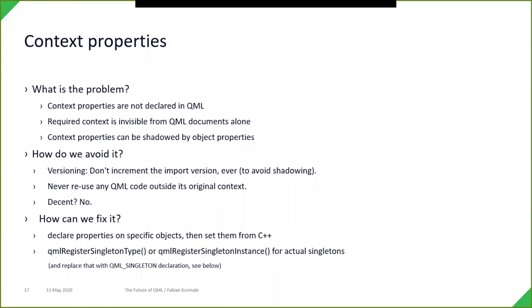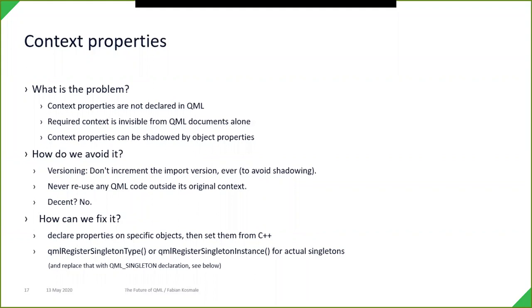So how can we fix this? Well, one easy way is to just declare the properties that you actually need in your QML file. And then instead of just inserting properties into the root scope, you set those predefined properties from C++.